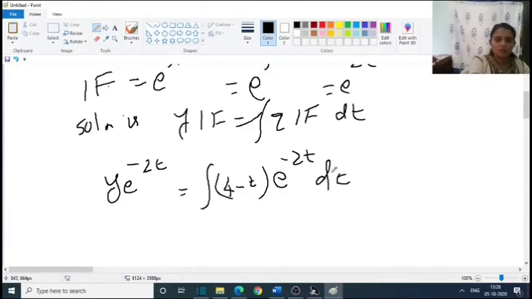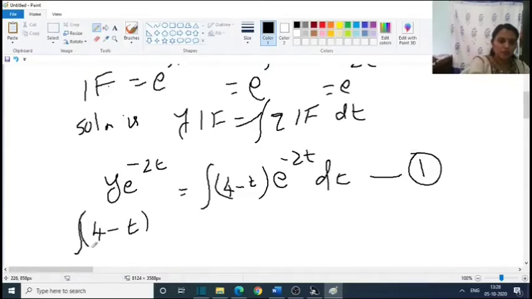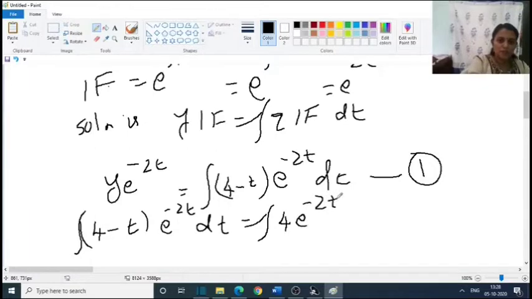This is equation 1. Now we have to find the right side. Integral of 4 minus t into e raised to minus 2t dt is equal to integral 4 e raised to minus 2t minus t e raised to minus 2t dt.